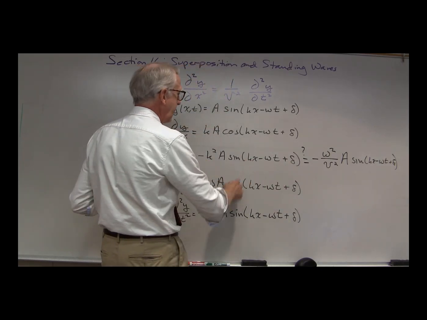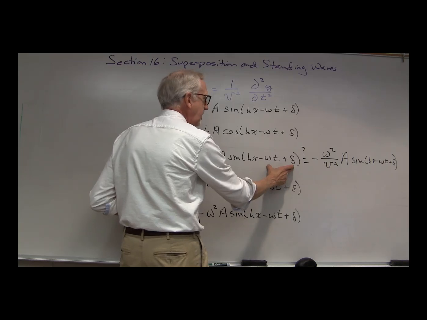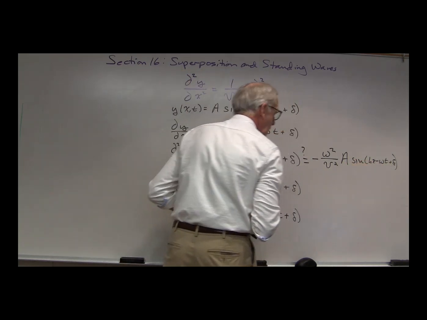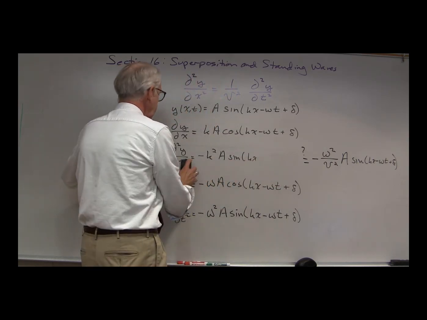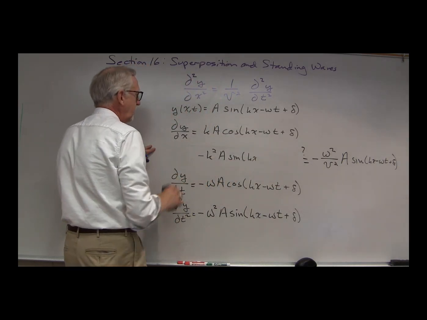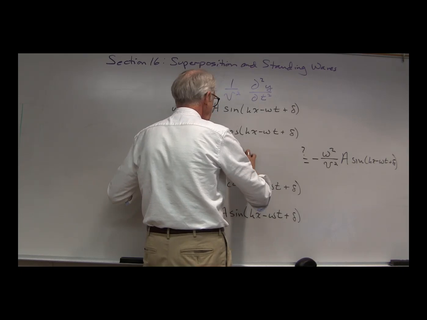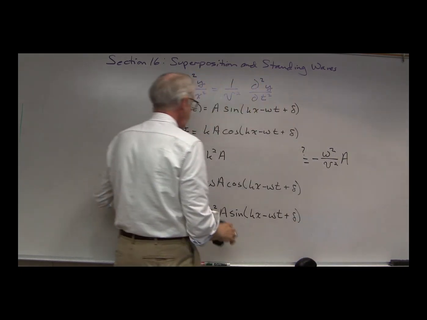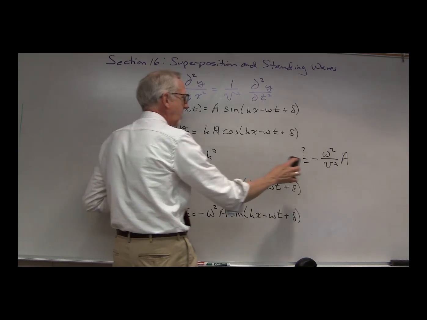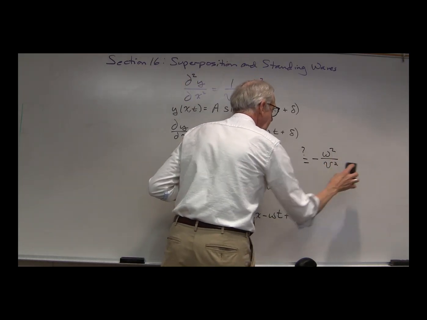Well, we've got a sine of kx minus omega t plus delta on both sides. So let's divide that off. Dividing off the sine term, we've got a factor of A, which is an arbitrary constant, that works.